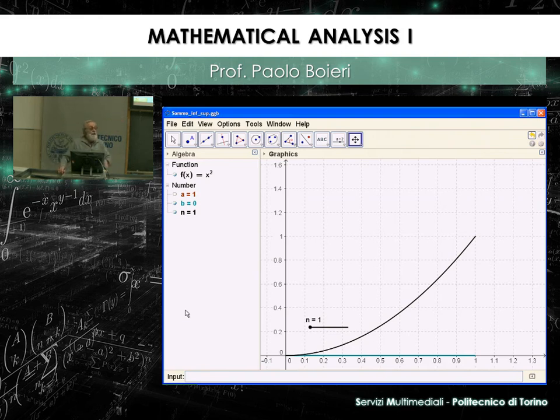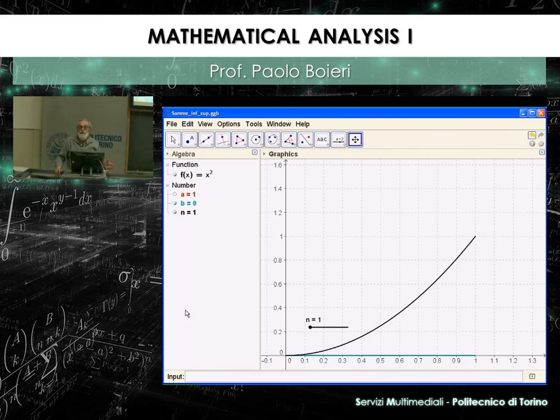And the idea is I approximate with functions. Which type of functions? The easiest possible functions, and the easiest possible functions are constant functions. I want to approximate this function first by below, then from above, with constant functions.